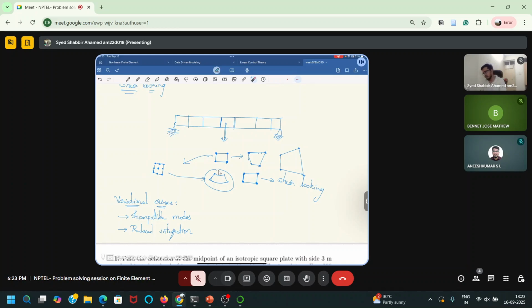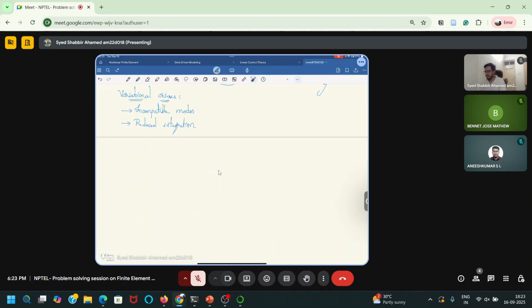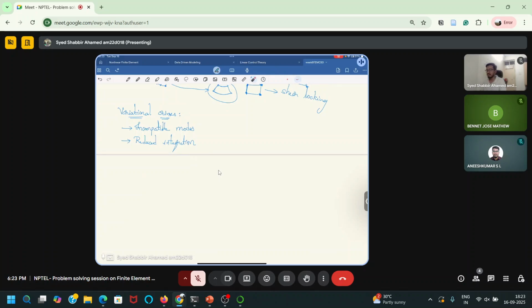There are basically two types of variational crimes. The first is that you can take these incompatible modes, and you can also use reduced integration, which we will see.